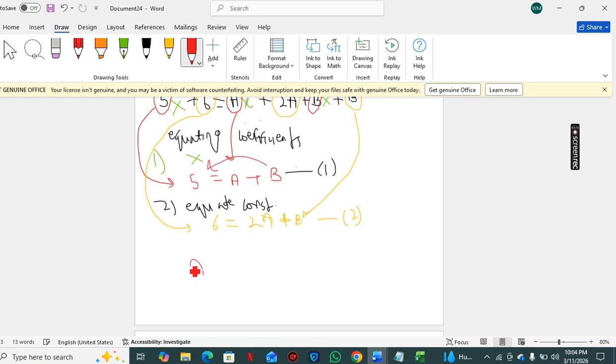So you're going to say A equals 5 minus B, and you're going to say substitute into equation 2. Okay, you can substitute into equation 1 or 2, but we put it into equation 2.